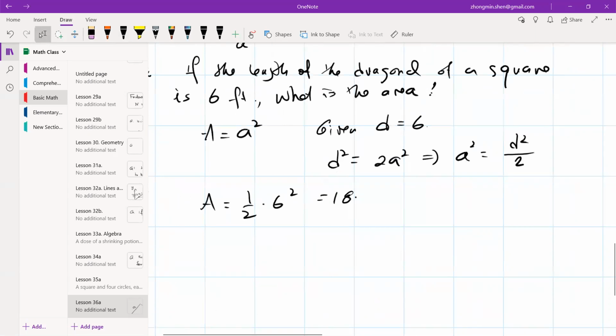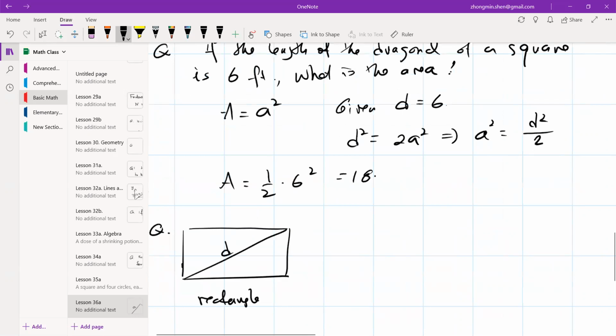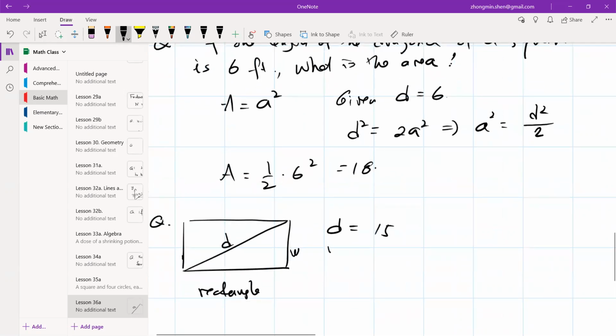Okay, I'm going to ask you to do the following problem. I have a rectangle. The length of the diagonal, d, is going to be 15. The width is going to be 5. What is the area?